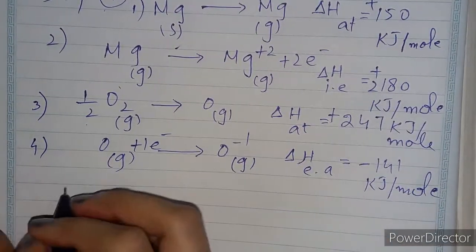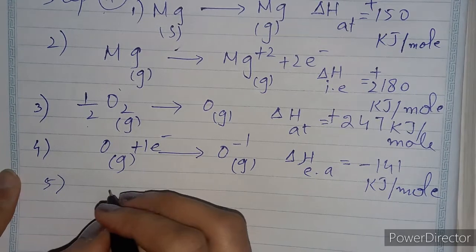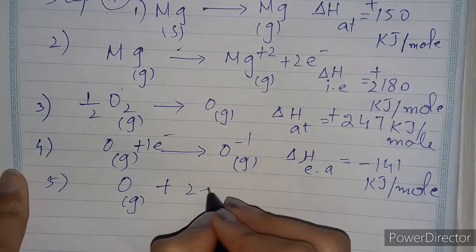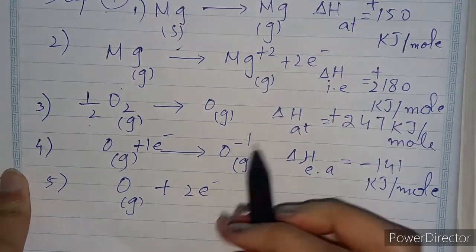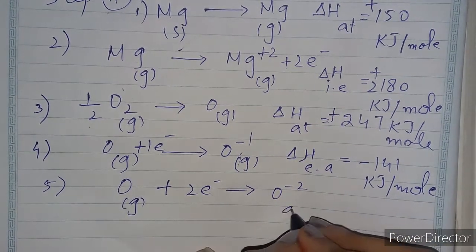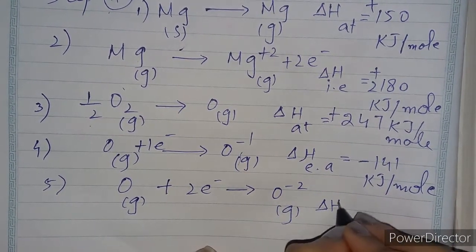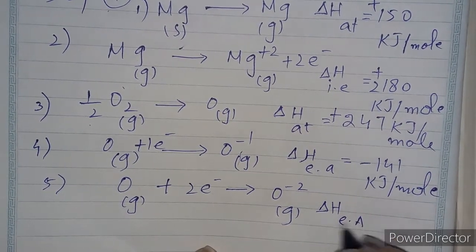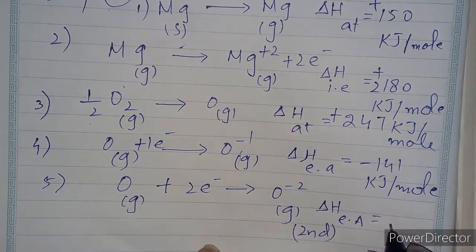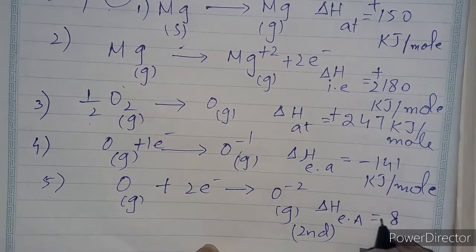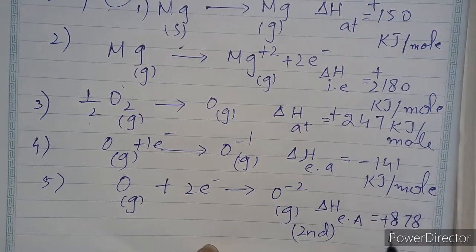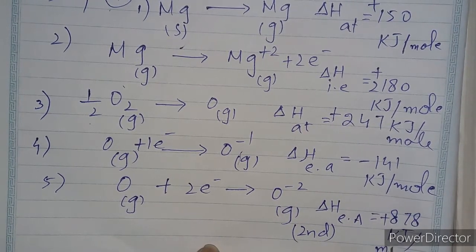Then O- gas plus 1 electron gives O2- gas, because magnesium lost 2 electrons. The second electron affinity is positive 878 kilojoule per mole.